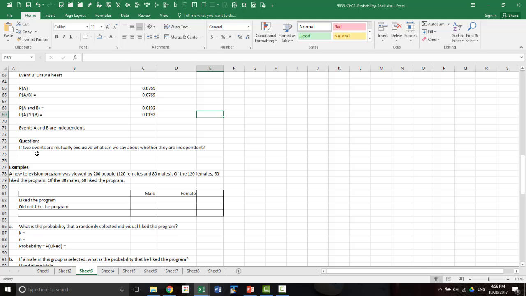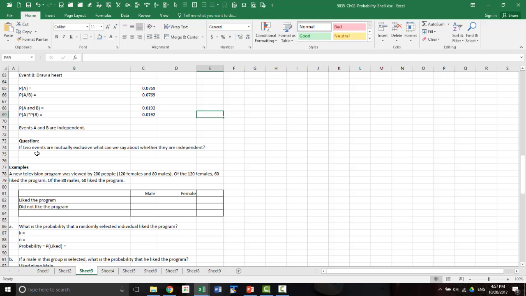We can say for sure that they simply cannot be independent, because if the two events are mutually exclusive, that means if one event has occurred, then the other event simply cannot occur. So knowledge of one event makes the other event's probability certain. So it changes the probability. So it just cannot be independent.